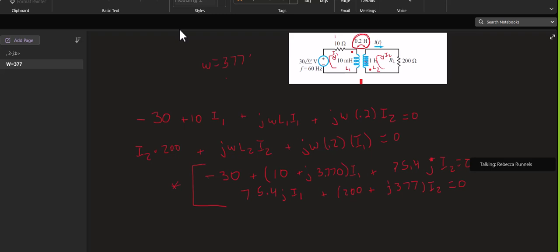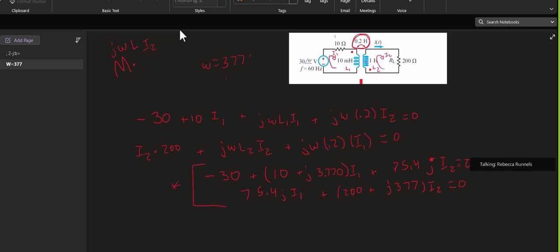And it does it by taking the mutual inductance as a phasor, and so it's going to be J omega L, just like any other J omega L, and you multiply that times the other current, and that becomes an impedance on the loop.